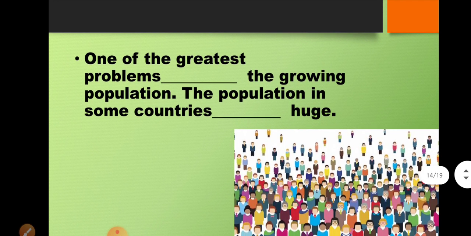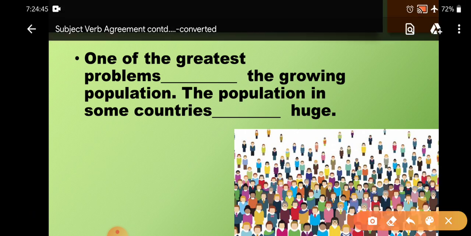Next one. One of the greatest problems. So, what are we talking about? We are talking about one problem out of many problems, which is a singular reference. Okay, one of the greatest problems is the growing population.